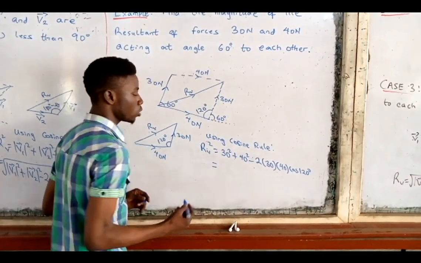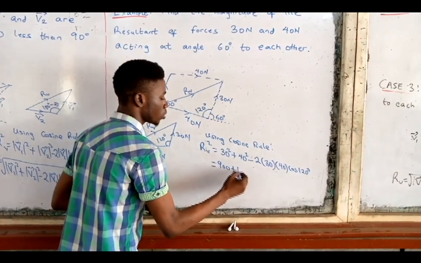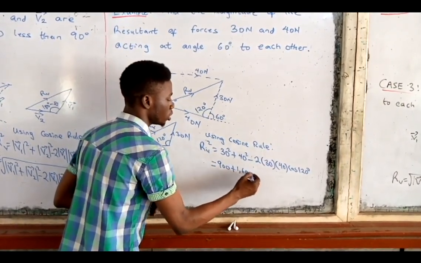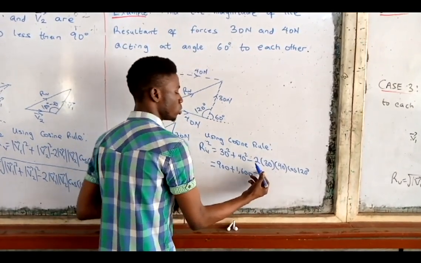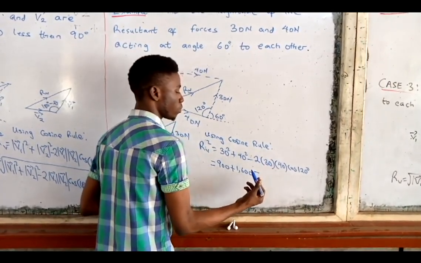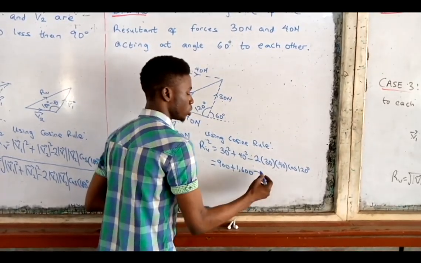Now this will be equal to 900 plus 1600 minus 2 multiplied by 30 multiplied by 40.